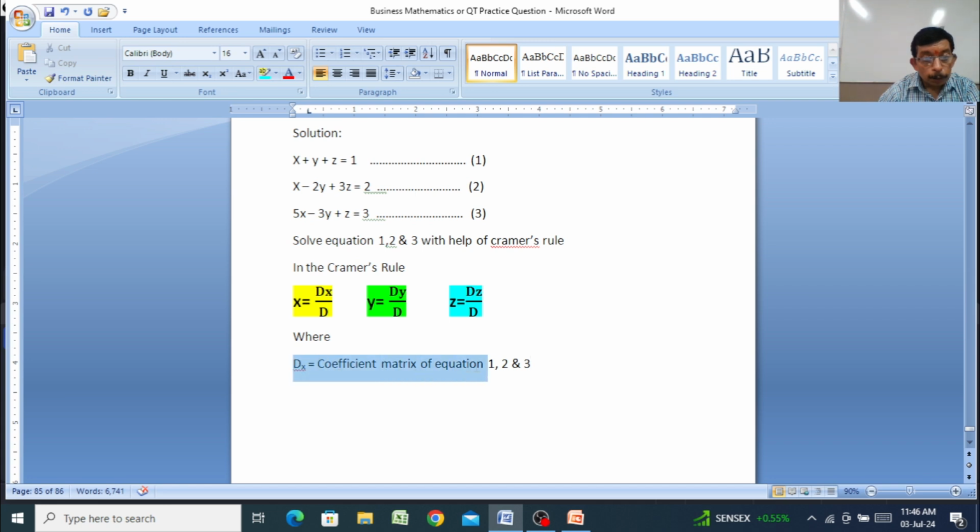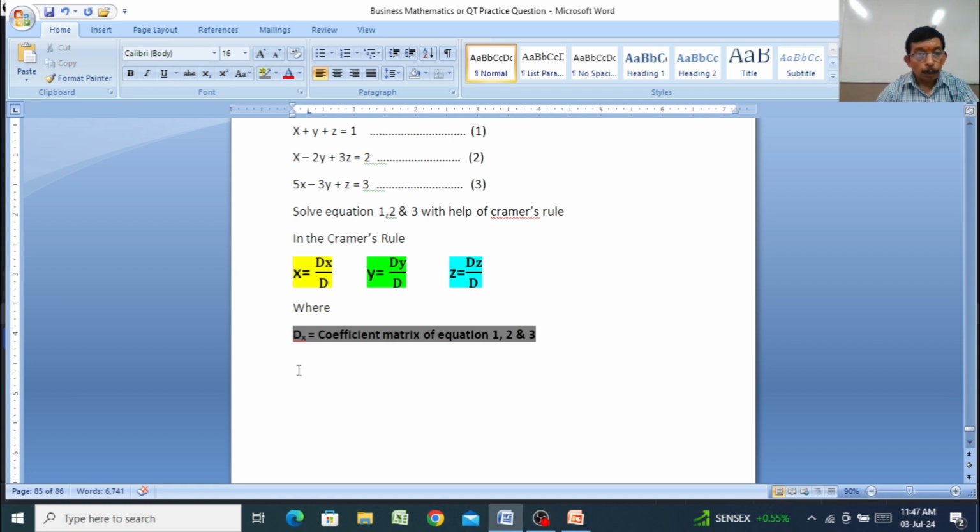Now dx equal to... first we find the d. Coefficient matrix of the equation 1, 2, 3. Now value of d, the coefficient matrix.